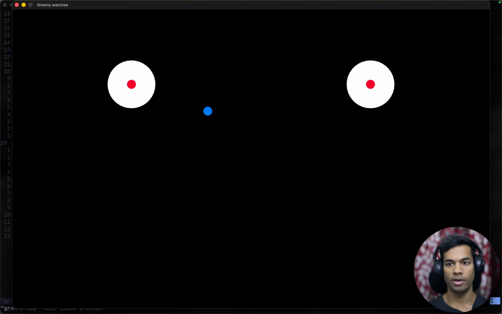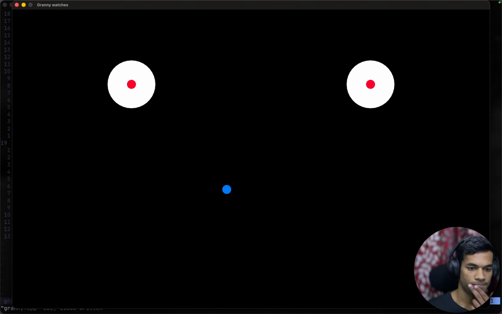Yeah, so this is moving, and now we have to move these pupils with the ball, which is easy to do.